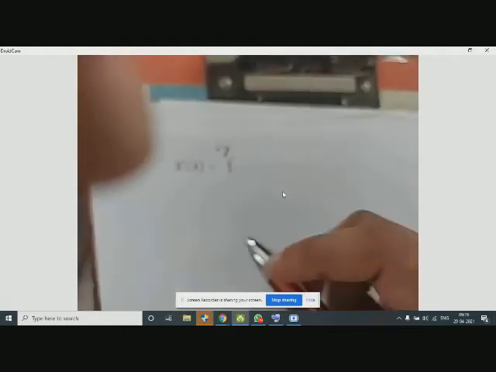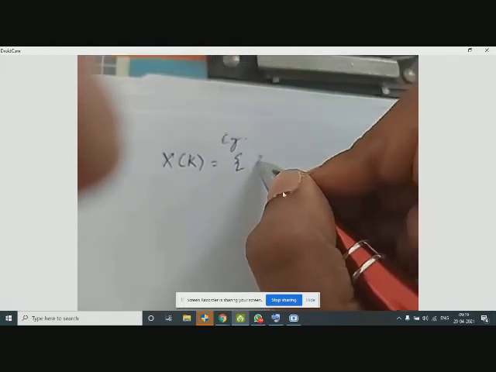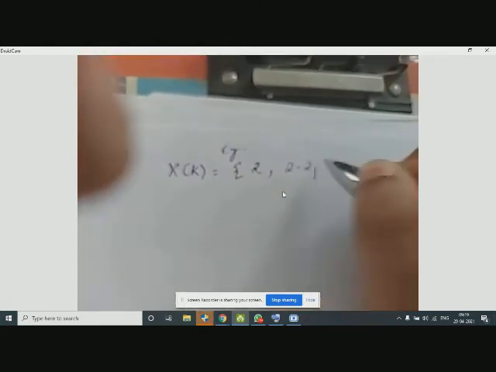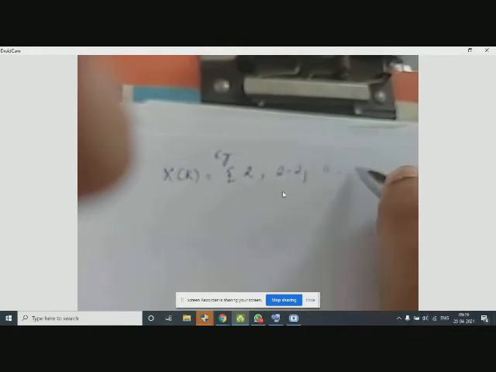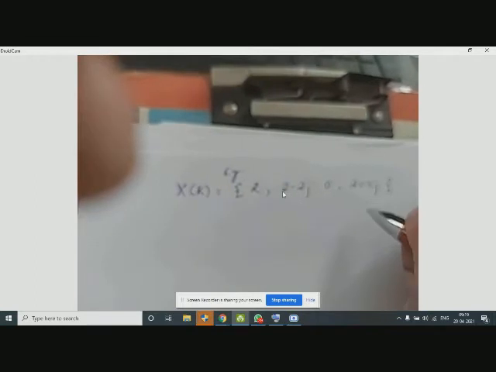When I say X of k, say I will take numbers 2, 2 minus 2j, 0, 2 plus 2j. Something like this.